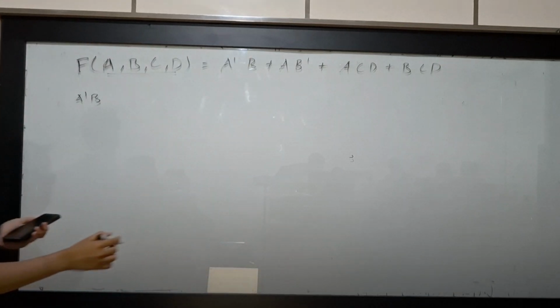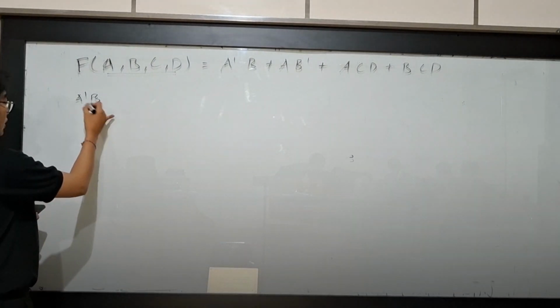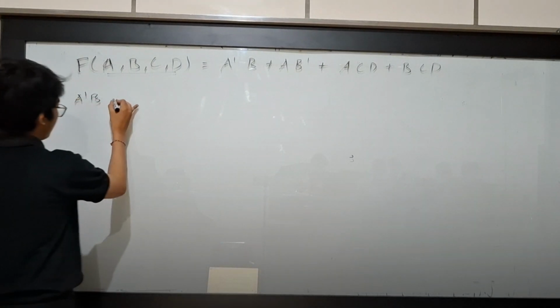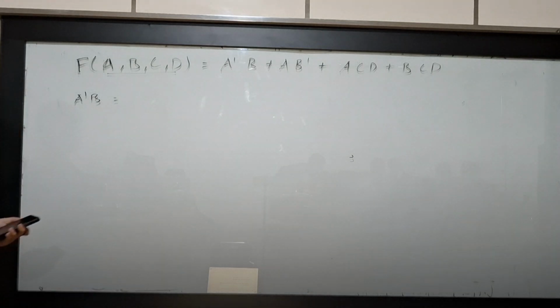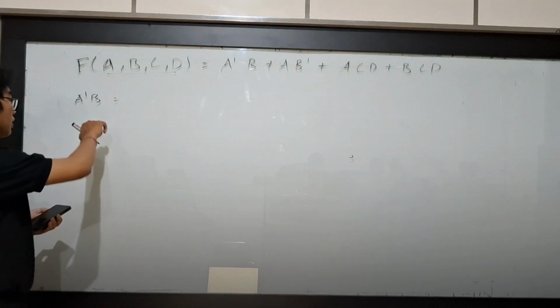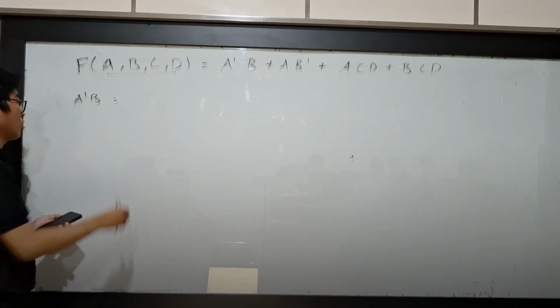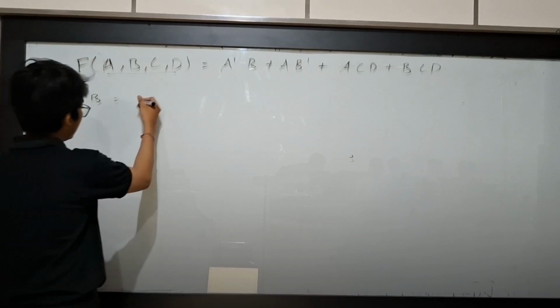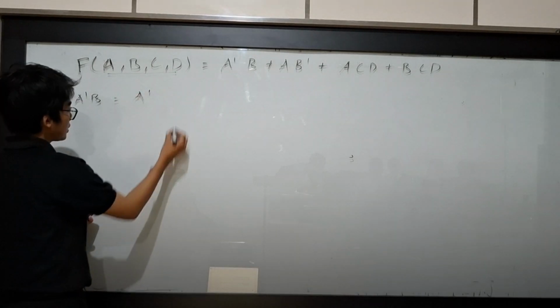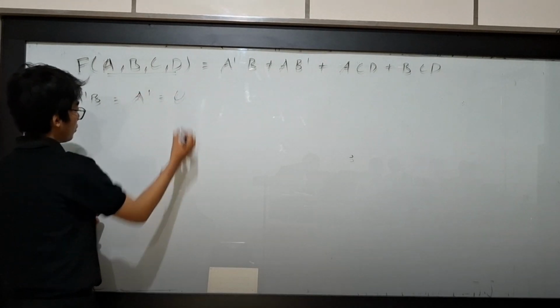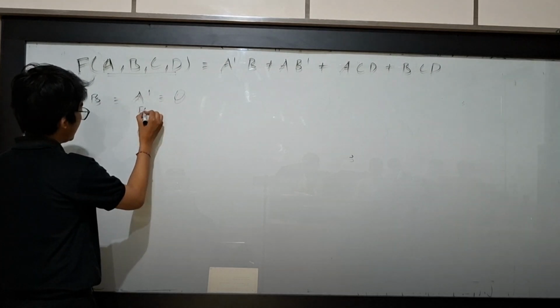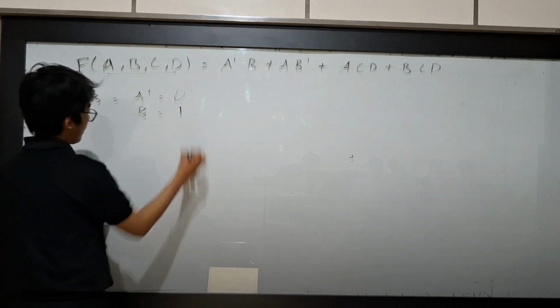The expression number one is A inverse B. From expression number one, we know that there are two variables, A and B, and A inverse means 0, and B means 1.